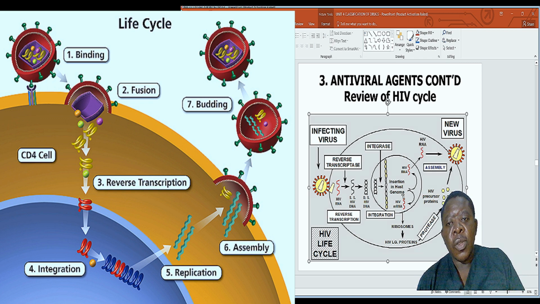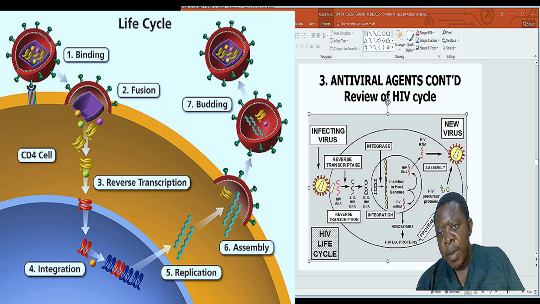Okay, so if it fails here, then we can also try to stop the conversion of HIV long proteins into HIV precursor proteins by using a protease inhibitor drug here. So that is how the virus, after being released from the nucleus, comes into the cytoplasm of the cell.